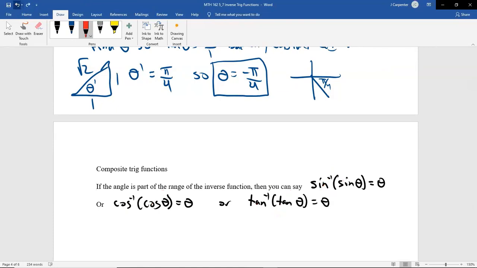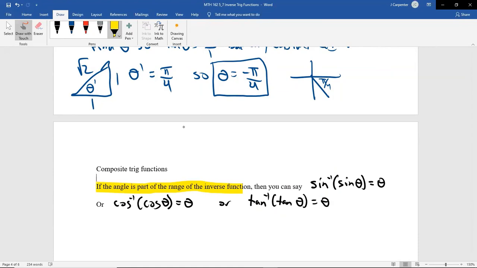But there's a special condition for this, and that is if the angle is part of the range of the inverse function. This is not always the case. Inverse functions only work if you're actually in the appropriate values.